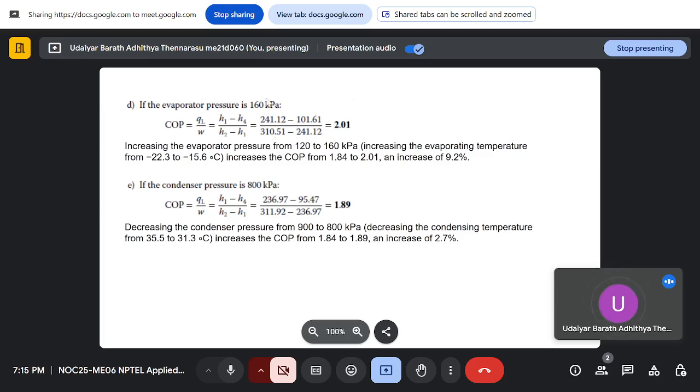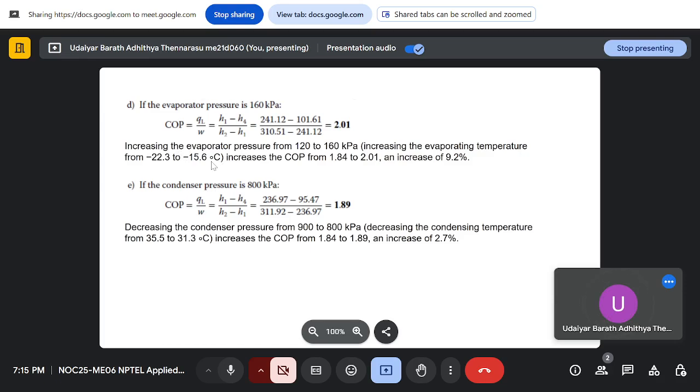With that your COP now becomes 2.01. So this has increased your COP, but it comes at the cost that your evaporating temperature has increased from minus 22.3 to minus 15.6 degrees Celsius.